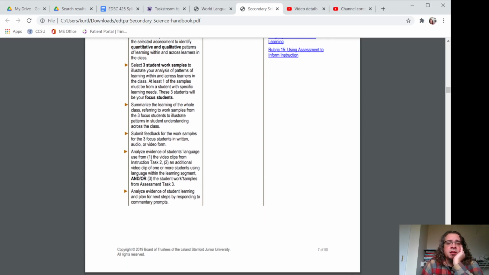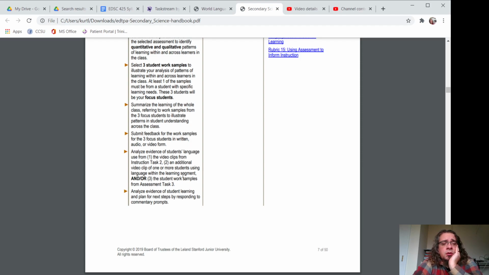Next, analyze evidence of students' language use from the video clips, and that's obviously from task 2, as it says there. An additional video clip of one or more students using language within the learning segment, and/or the student work samples from assessment task 3. Okay, we'll get into that more with the rubrics, but just know that there's an option here, right?